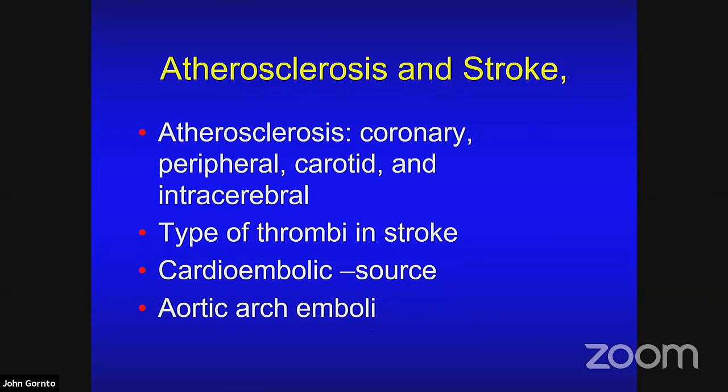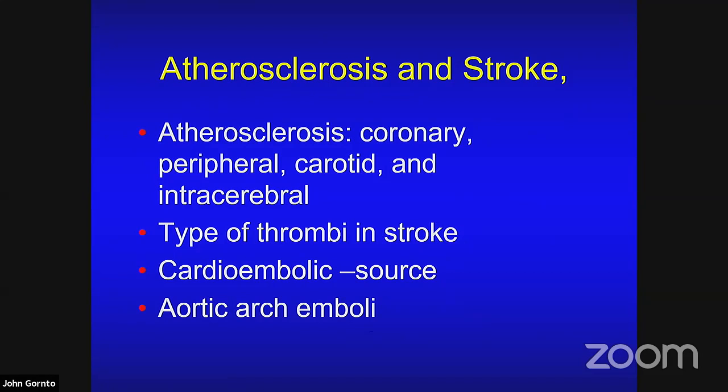And carotid, and I'll also speak on the intracerebral arteries. Then I'm going to talk about the types of thrombi which are seen in stroke, and a little bit on cardioembolic thrombi and where they come from, and aortic arch atherosclerosis at the end, if I have time.